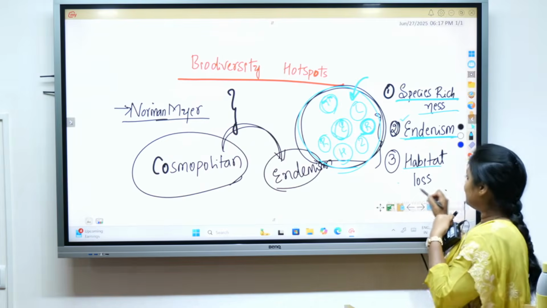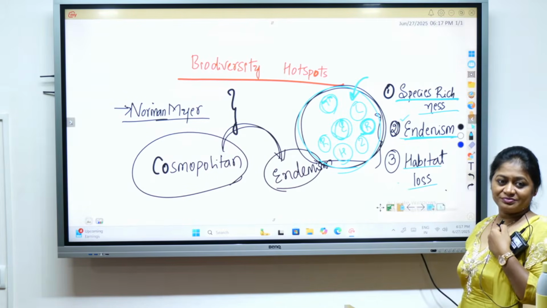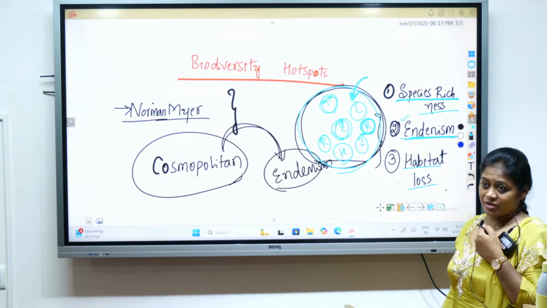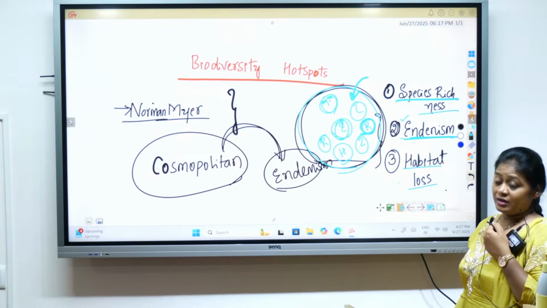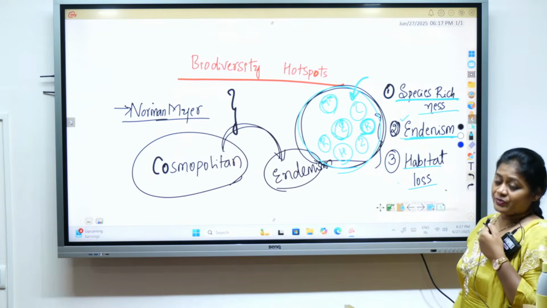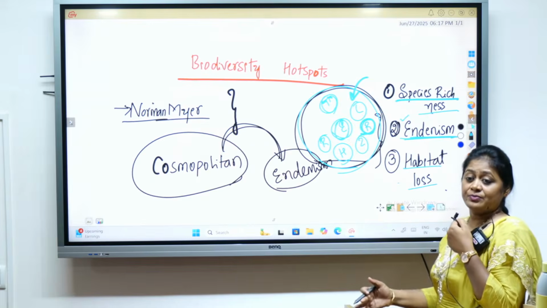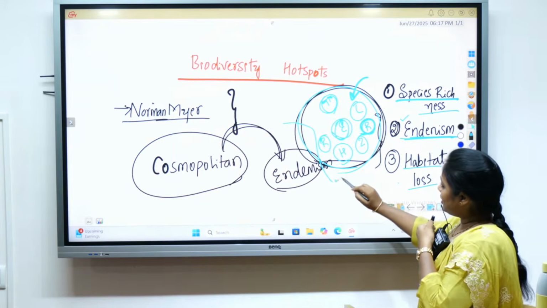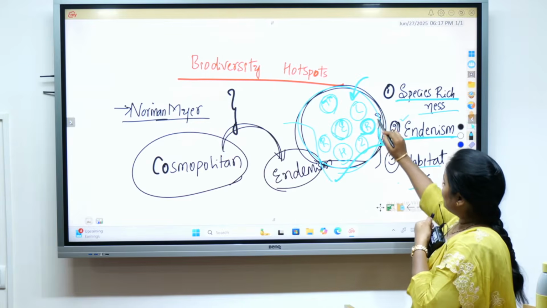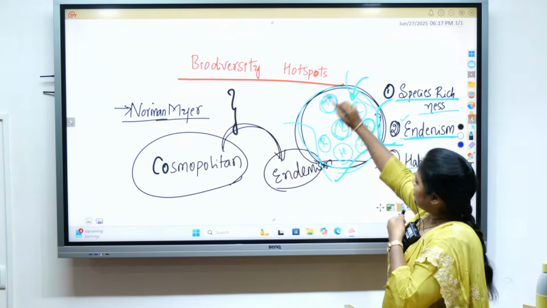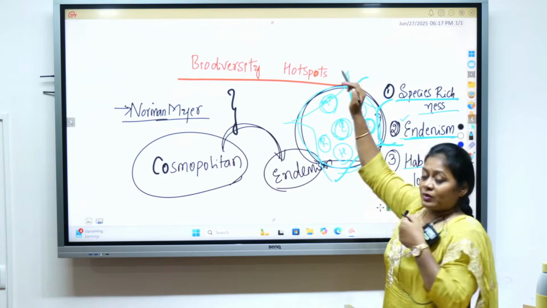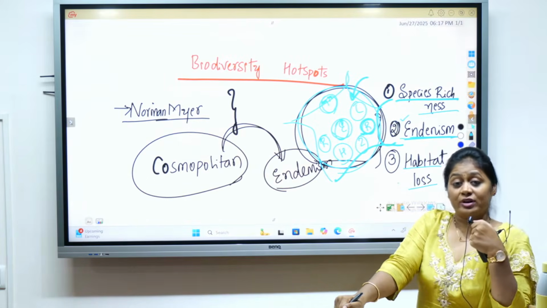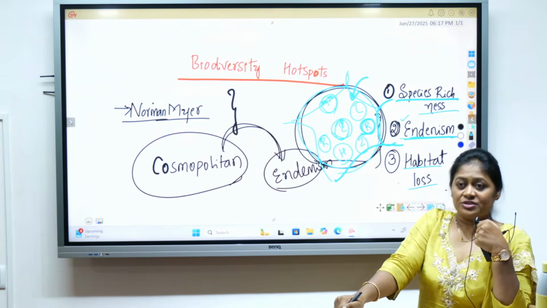Third one, habitat loss. Due to human intervention, development, technological invasion, agricultural expansion, the habitat is vanishing day by day. Destruction, fragmentation of habitat, isn't it?